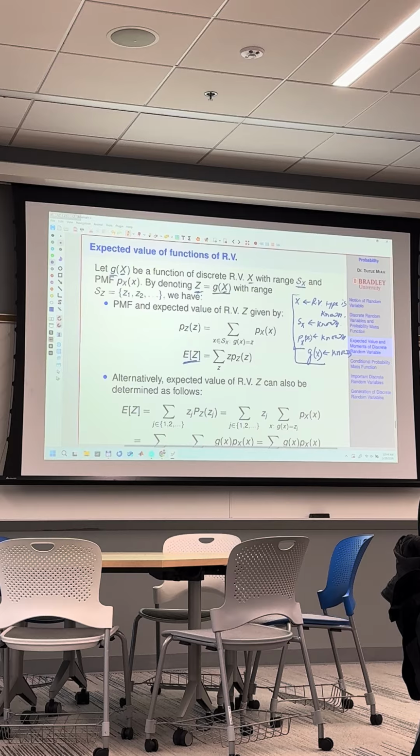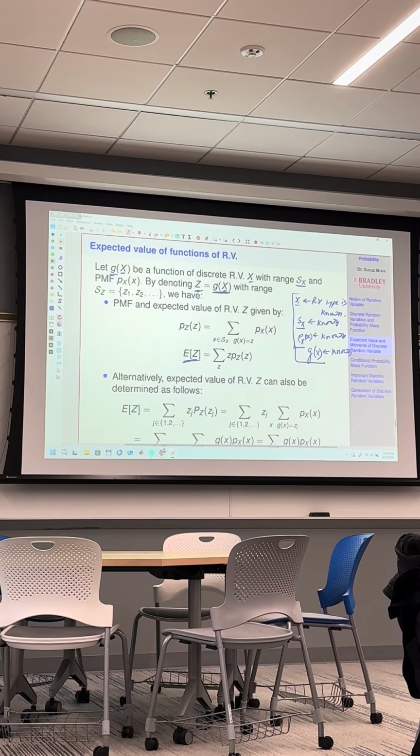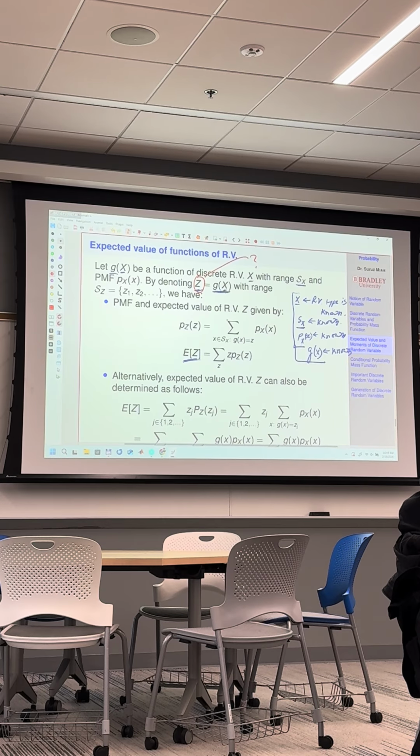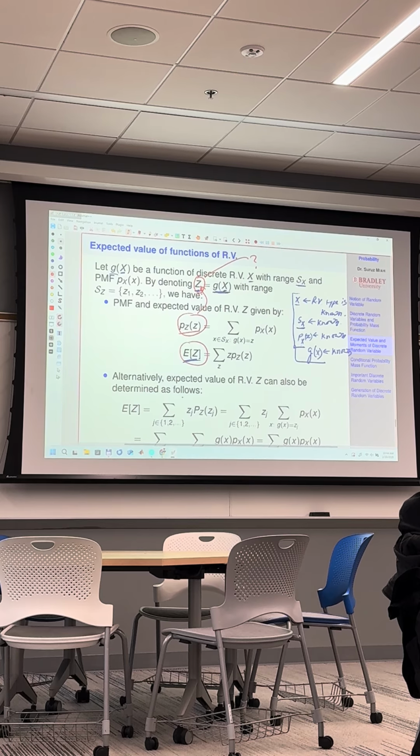The statistics of X are known: its type, its range, its PMF, and the function g of x. All you need to find is the PMF of Z and the expectation of Z.